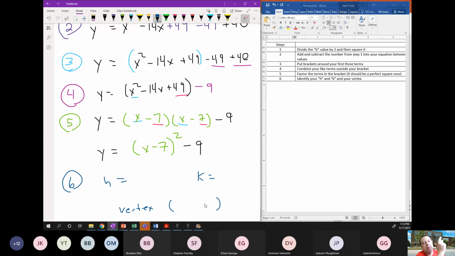Your H is 7. Remember, it is y equals a bracket x minus h squared minus k. K is -9. And you put those 2 in your brackets to make your vertex.